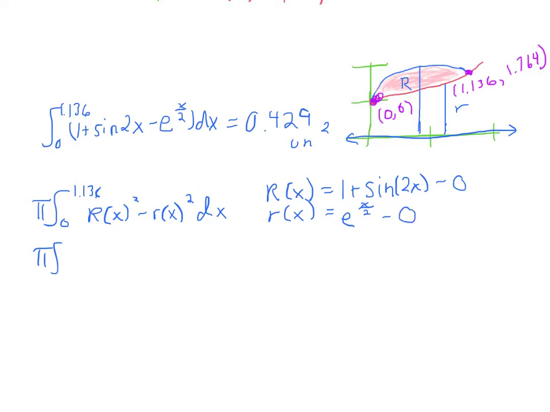So we're going to integrate from 0 to 1.136 of 1 plus the sine of 2x squared minus e to the x over 2 squared dx.